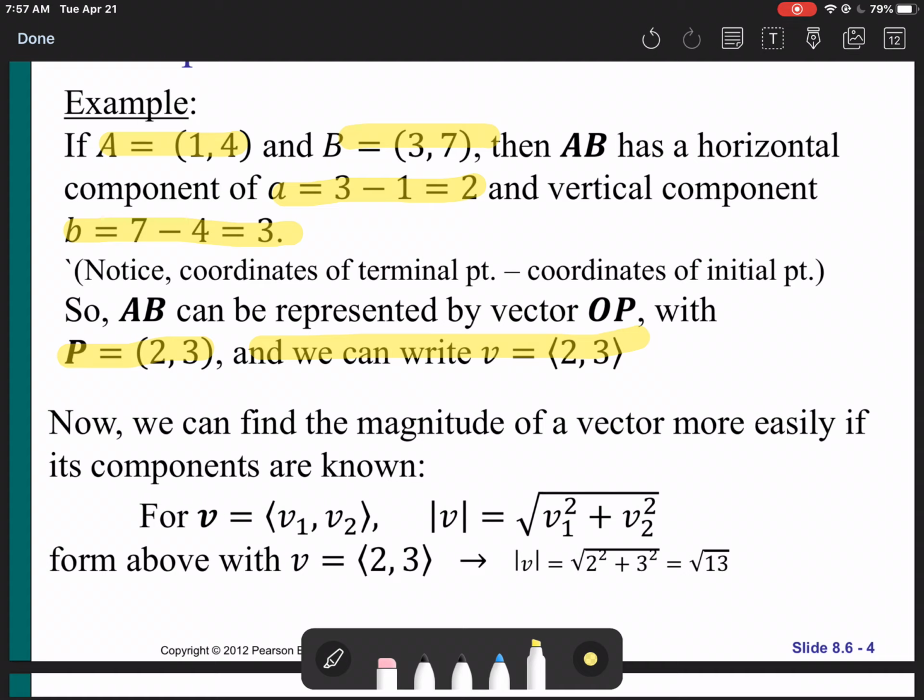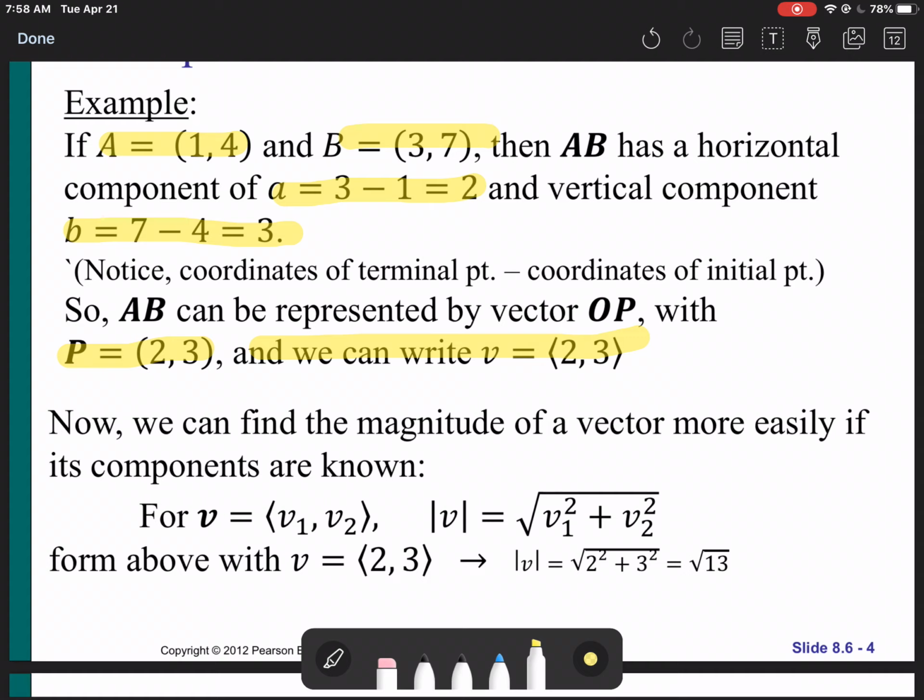Because if the initial point is at the origin, the terminal point, having the same horizontal and vertical components as vector AB, would have horizontal component 2 and vertical component 3. So we can represent all vectors that have the same horizontal and vertical components with vector V having components 2, 3.